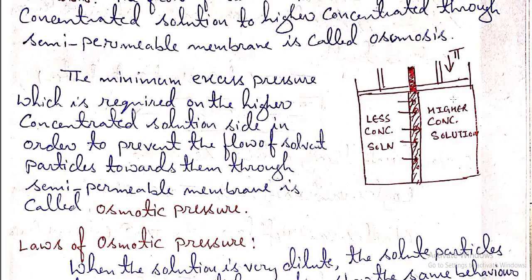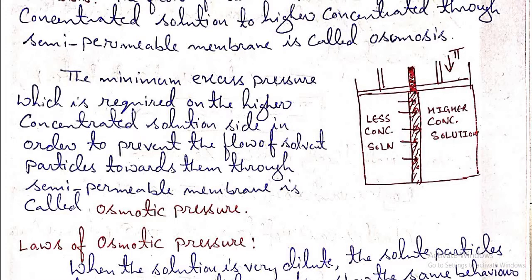Now if we increase the pressure on the higher concentration solution side, say for example pi, so the pressure that is applied, if it prevents the flow of solvent from lower to higher concentration, that pressure applied is called osmotic pressure.